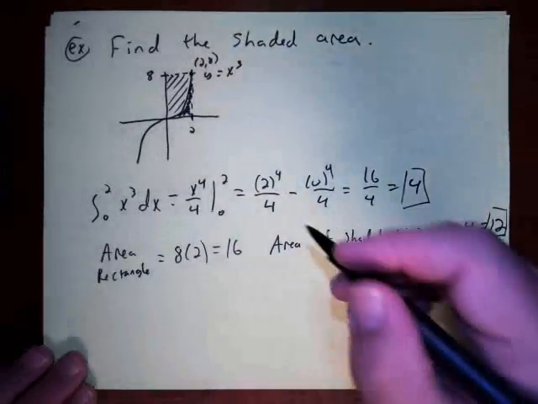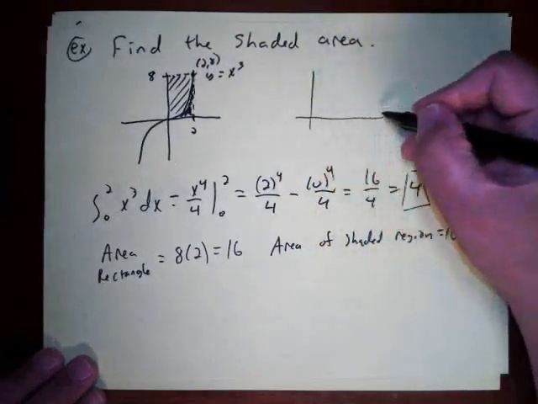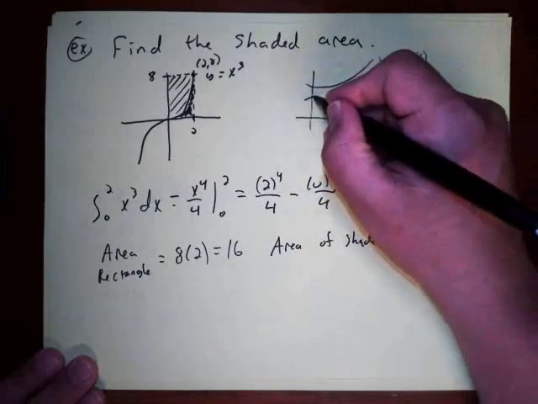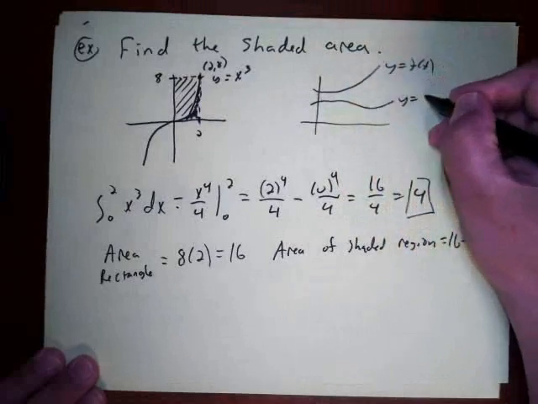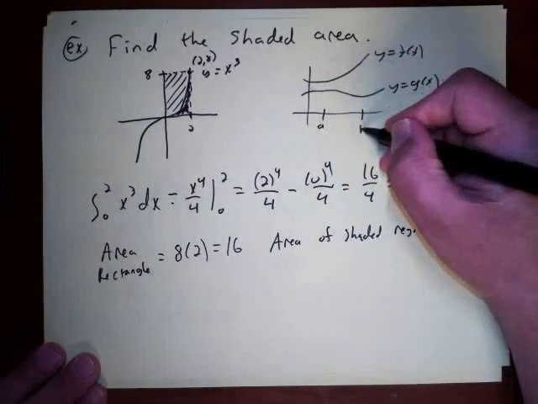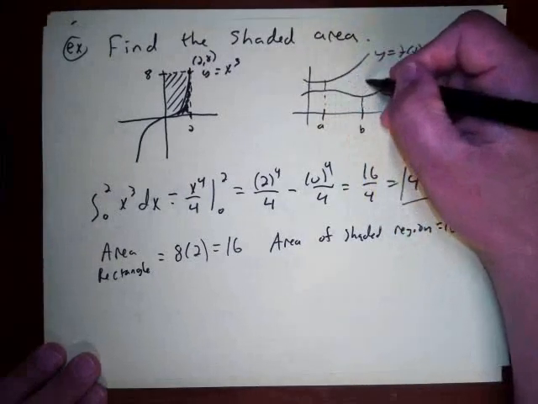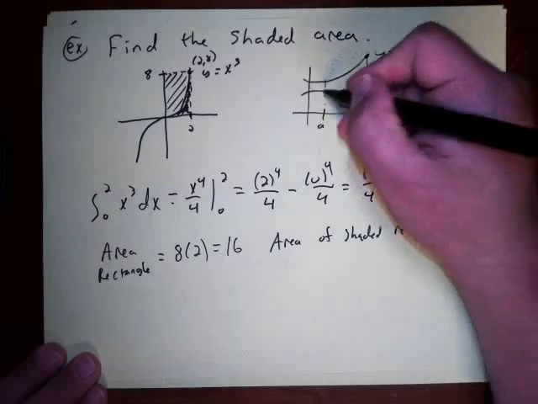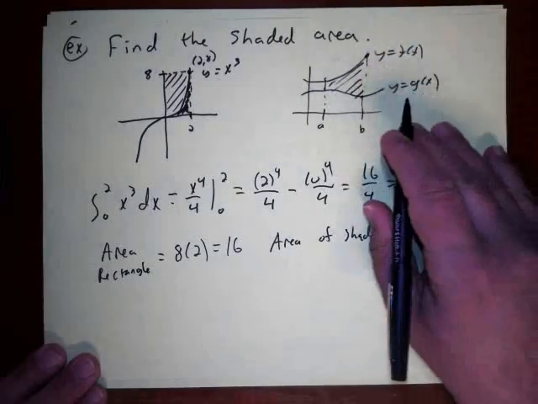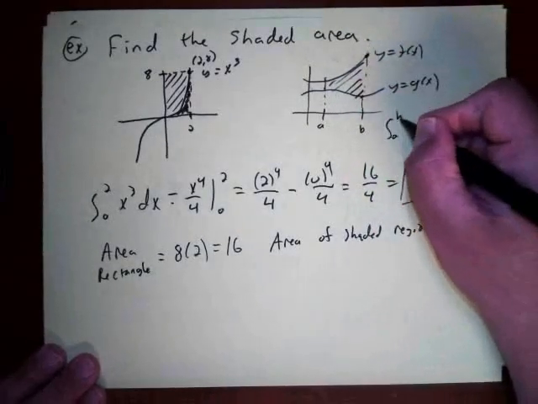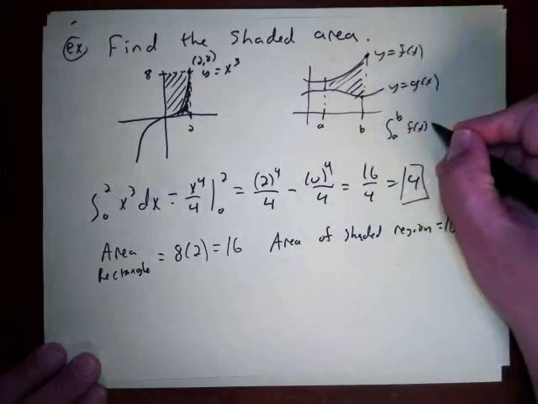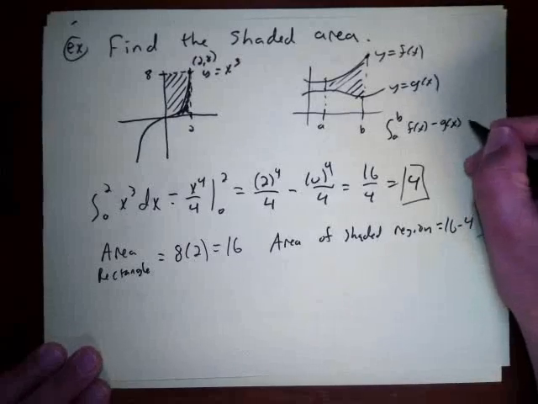Now what I want to show you here is if you have two functions, let's say this is y equals f of x, and some other function like this, y equals g of x, and you have a and you have b. There's not really any problems on the homework, I'm just giving you a little bit extra. We actually do this in Calc too. The area between the two curves is the integral from a to b of f of x minus g of x dx.